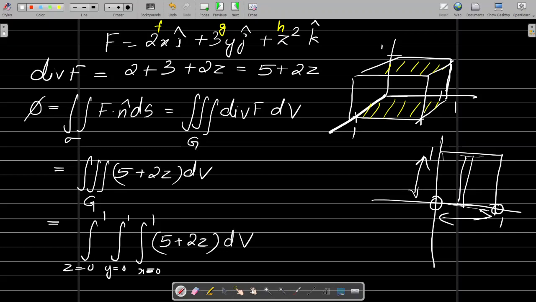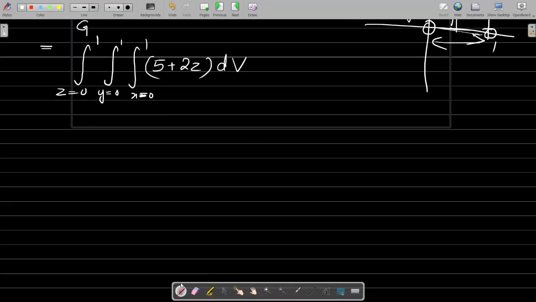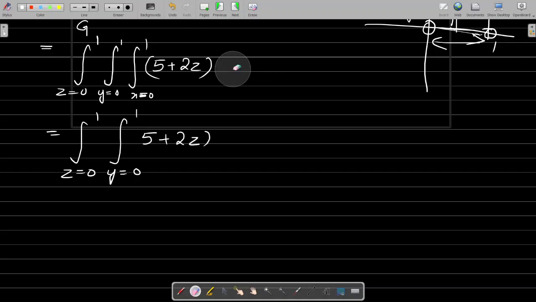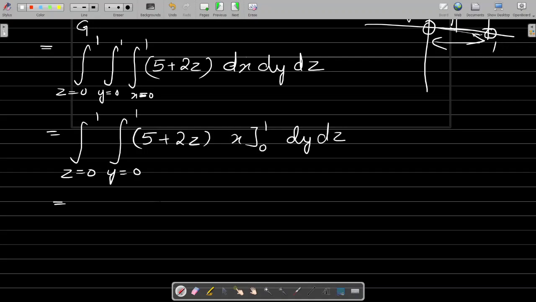So the first two integrals are with respect to x and y. This integral is z equal to 0 to 1, y equal to 0 to 1, x equal to 0 to 1, of 5 plus 2z, and we write dV as dx dy dz. Integrating with respect to x, 5 plus 2z is a constant, so x within the limits 0 to 1 gives 1. Then you have the integral z equal to 0 to 1 of 5 plus 2z into y, with y within the limits 0 to 1, dz.